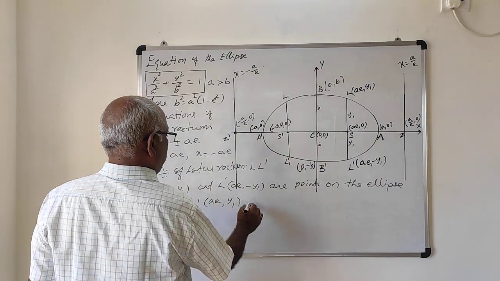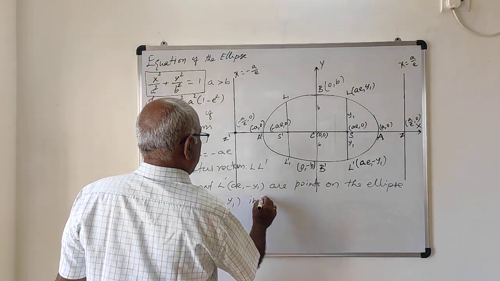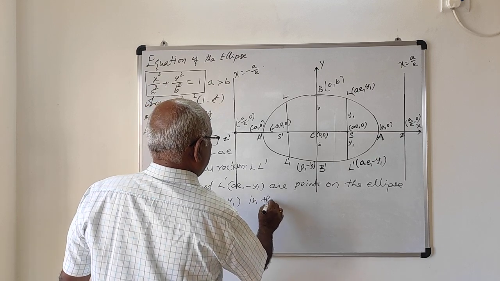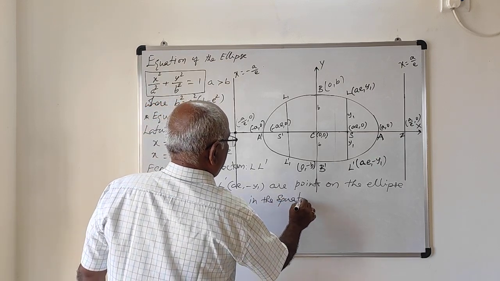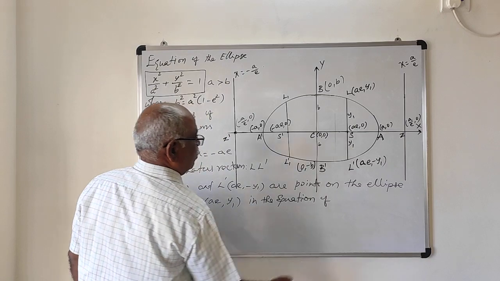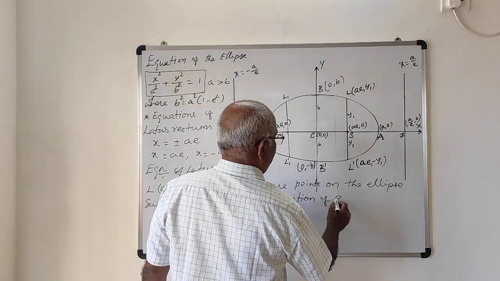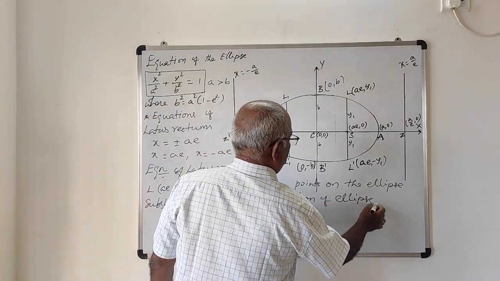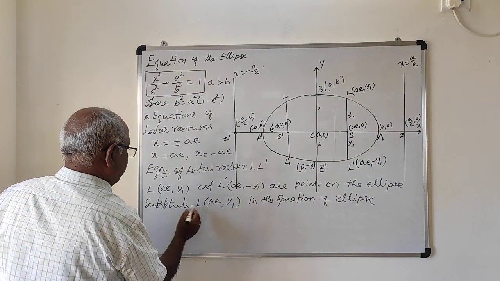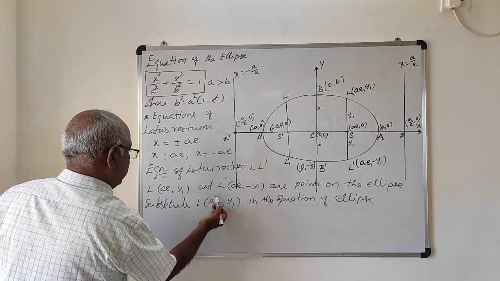Substitute L, A E comma y1, in the equation of the ellipse. In the equation of the ellipse, x square by A square, x square by A square is x square is AE.